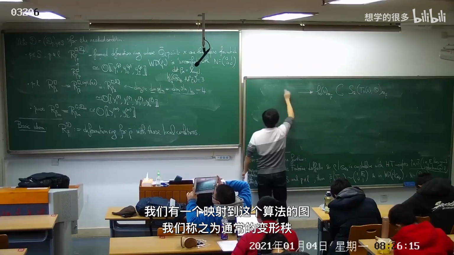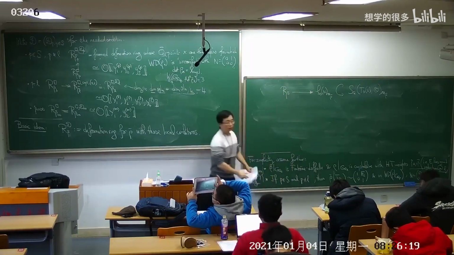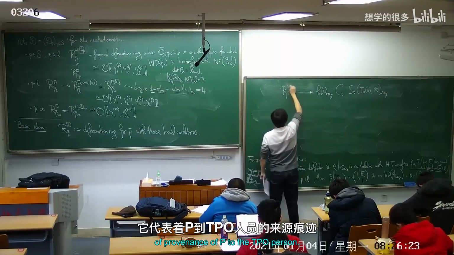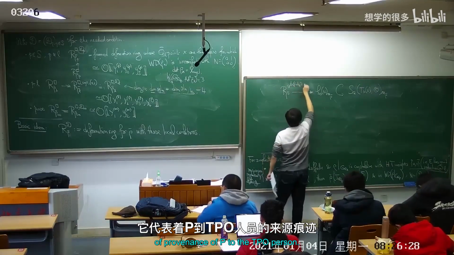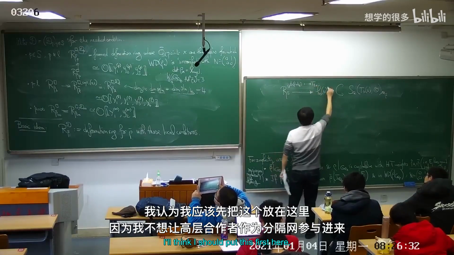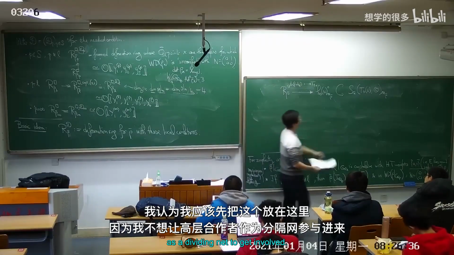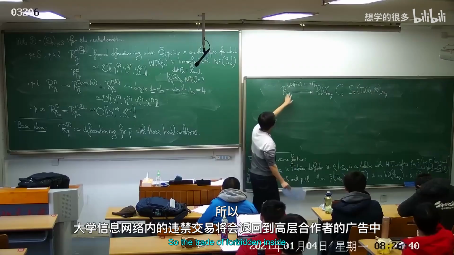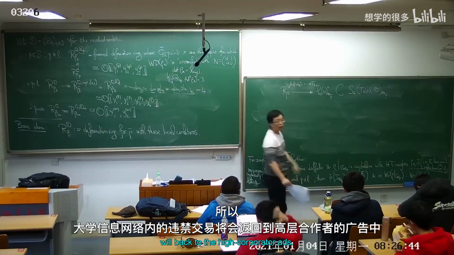Let me call it the usual deformation ring, right? The trace of Frobenius at P maps to the T_P operator. Maybe I should start here because I don't want the Hecke operator at the dividing end to get involved. So the trace of Frobenius inside the universal deformation ring will map to the Hecke operator action.